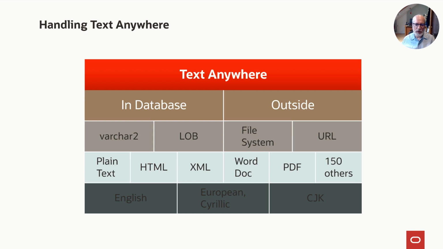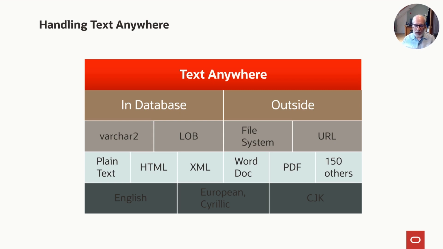We can deal with many different types of text. Plain text, HTML and XML all have special processors, or we can deal with binary documents. We understand some 150 different Office document formats, the obvious ones being Word, PDF, PowerPoint, and so on. And we can handle pretty much any language as well.